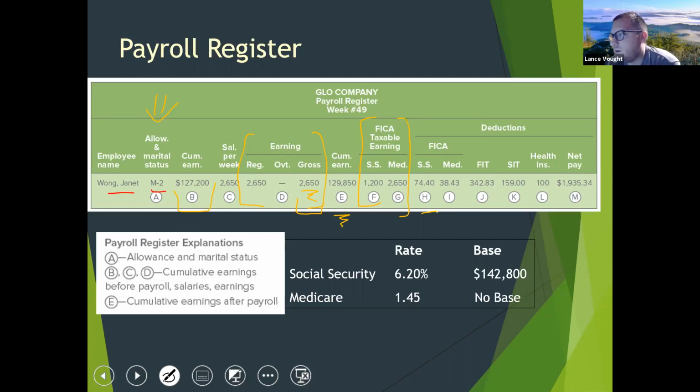And if you multiply 0.0145 times 2,650, that'll give you your Medicare taxes, which are $38.43. And that's just your taxes for Social Security and Medicare, our two social safety nets that still exist from the New Deal way back in the day.